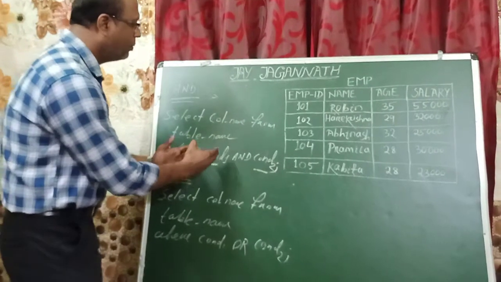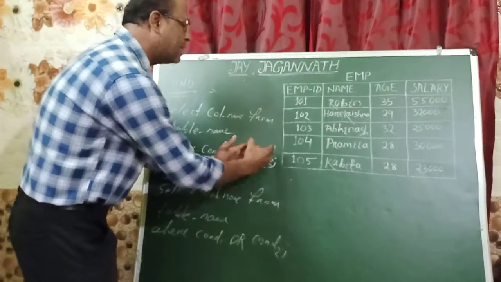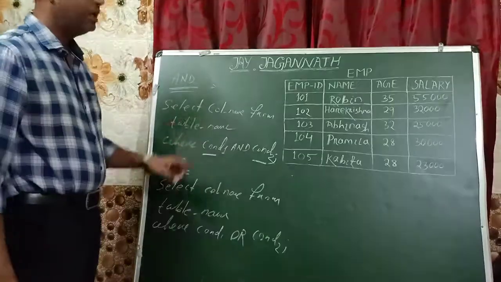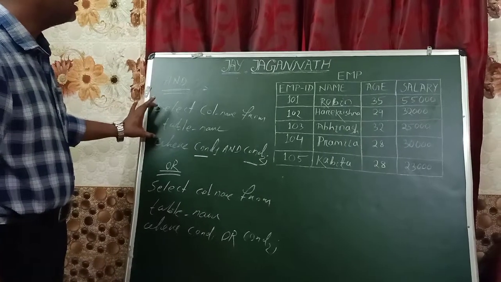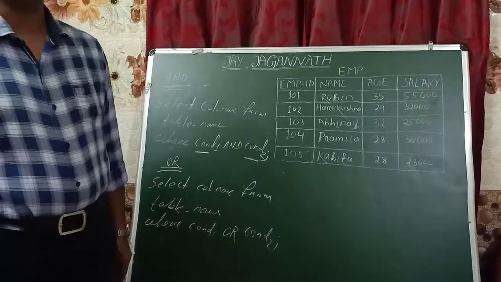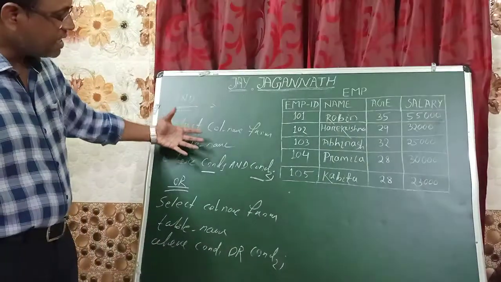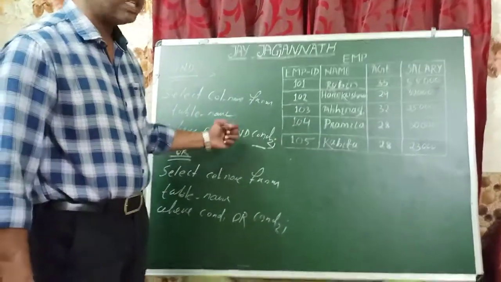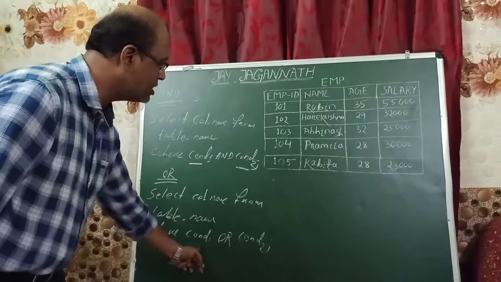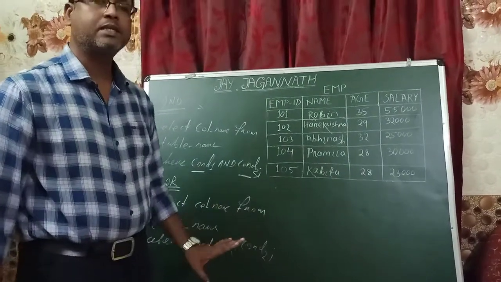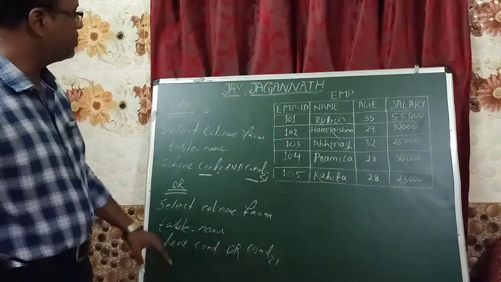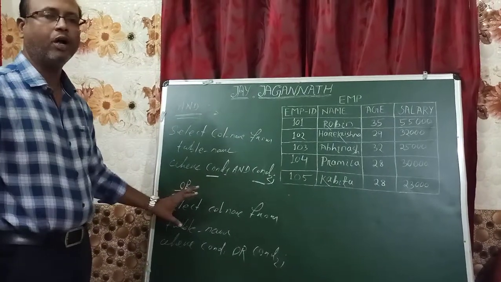But with AND, both condition 1 and condition 2 have to be true for this query to give some results. So in this case, both conditions should be satisfied, but in the other case, either this condition or that condition should be satisfied. This is the main difference between the AND and OR operators.